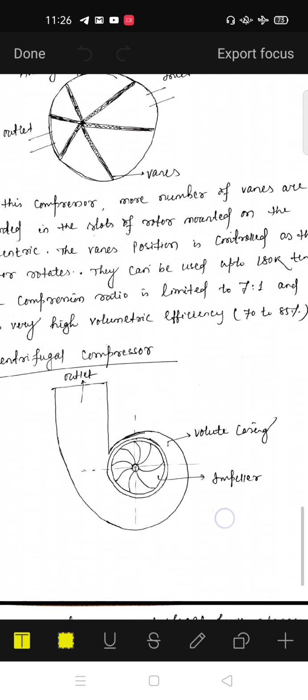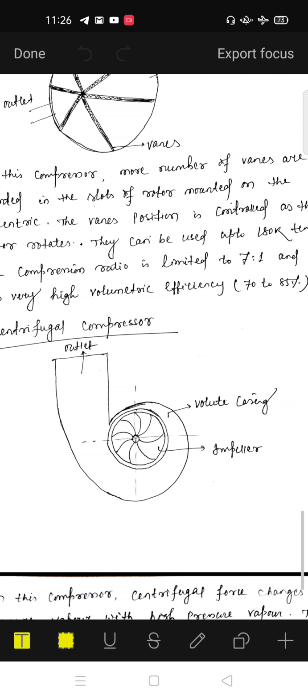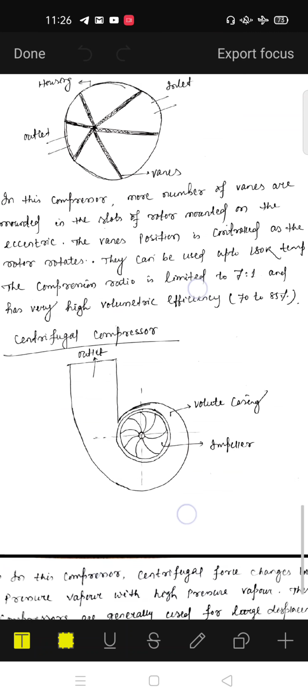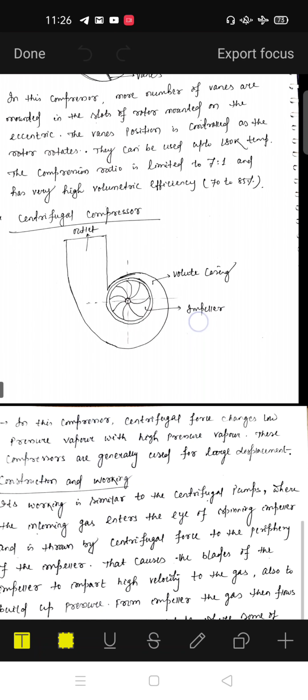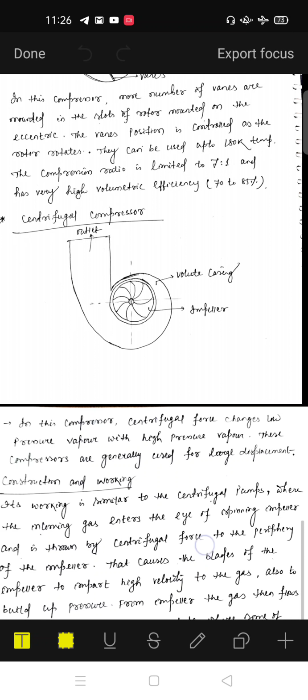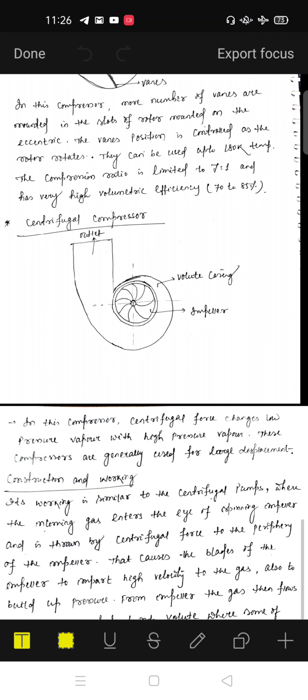Here it is the volute casing, and there is the impeller. These are the blades, and this is the outlet. Clear? So it is very easy. Centrifugal compressor working principle is the same as the centrifugal pump.